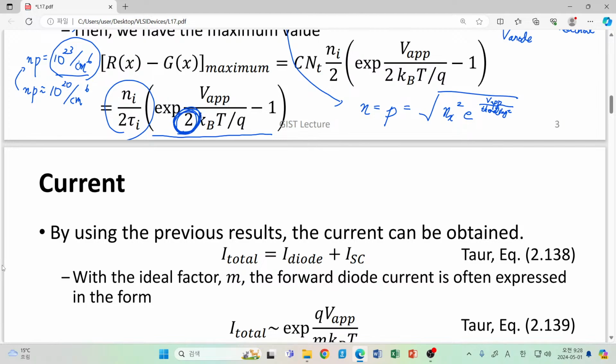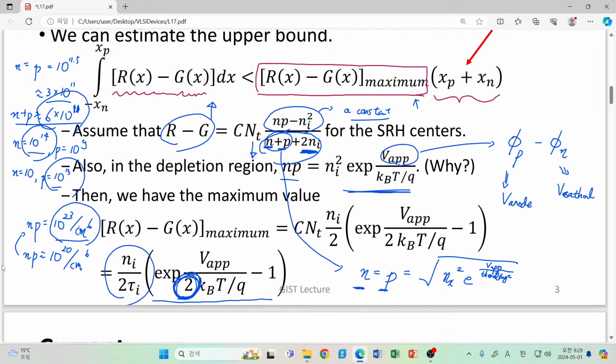Have this term. Why do we have just number 2 instead of number 1? It originated from the value of electron densities in the lower part of this expression.